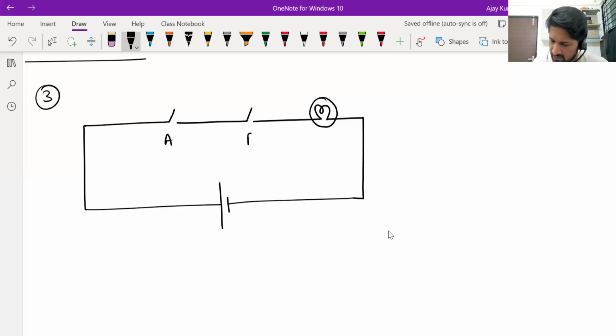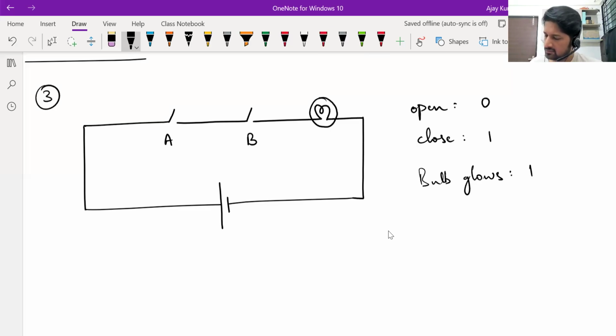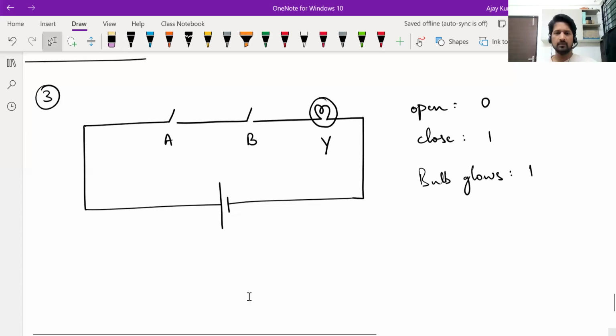Switches are named A and B. When a switch is open, we treat it as 0, and when a switch is closed, we treat it as 1. When the bulb glows, it is treated as 1. When the bulb does not glow, it is treated as 0. Let the bulb be the output, and A, B the input signals.